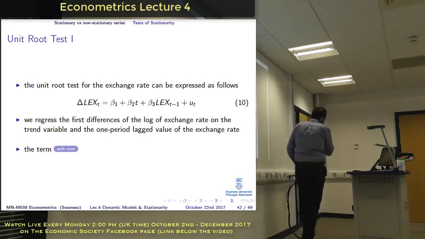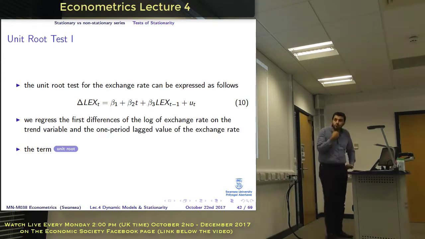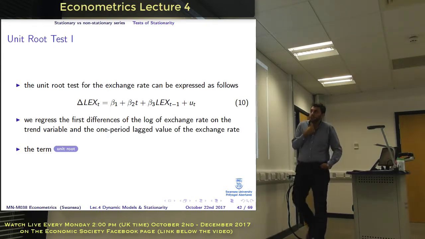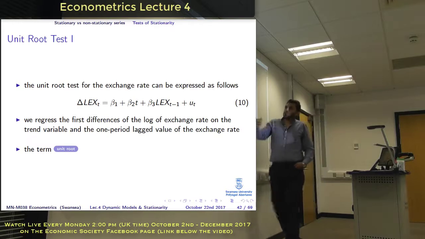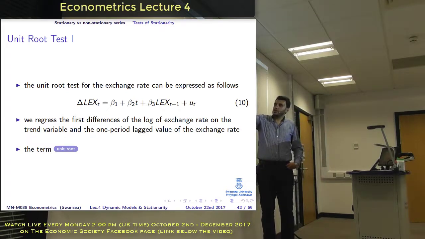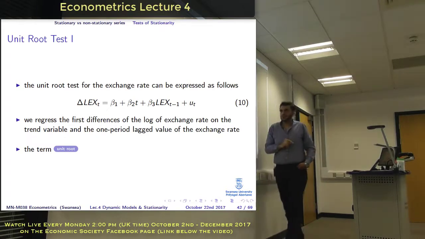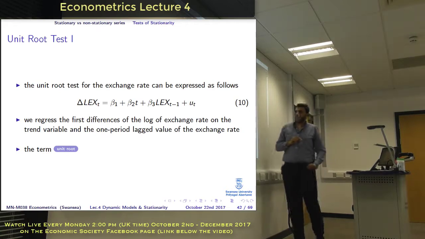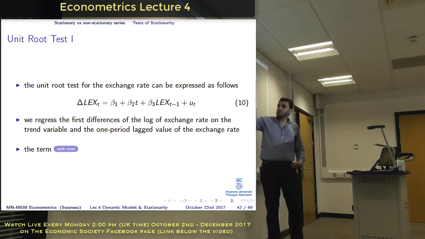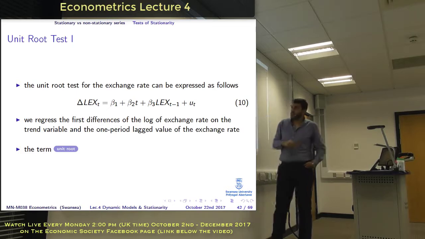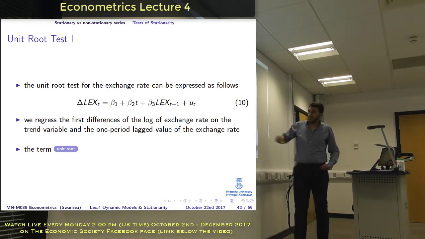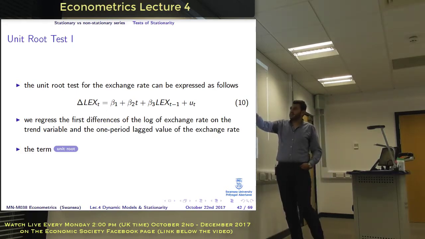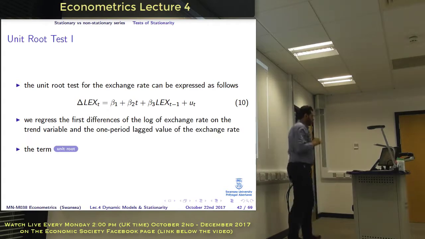Another, more formal way to do this is to follow a unit root test. The unit root test for our series, the exchange rate, will be expressed as this equation. You have the first difference of the log of the exchange rate, and you regress this on a time trend t and on the exchange rate in time t minus 1.